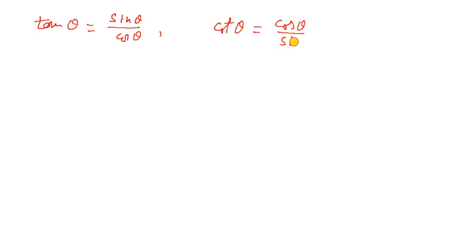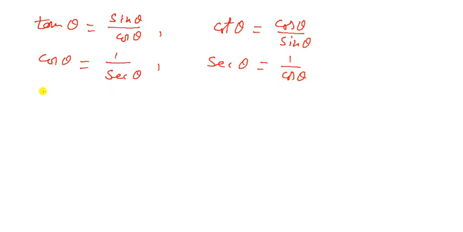Some formulas like this: tan theta is equal to sin theta upon cos theta, and the second one is cot theta is equal to cos theta upon sin theta. Now cos theta is equal to 1 upon sec theta, and vice versa, sec theta is equal to 1 upon cos theta.